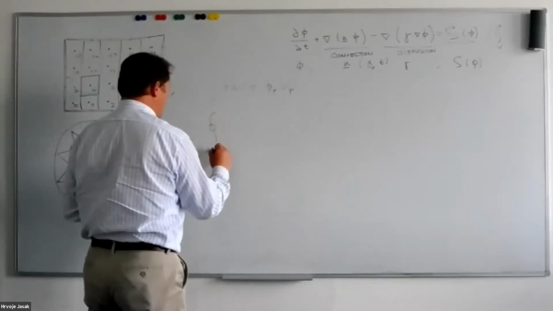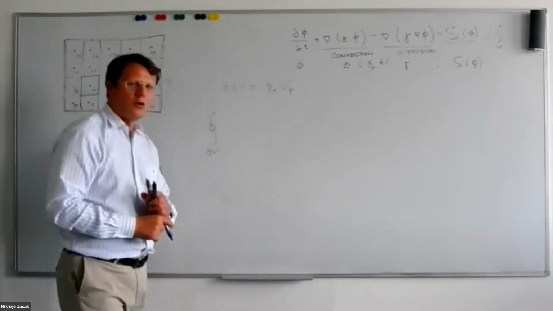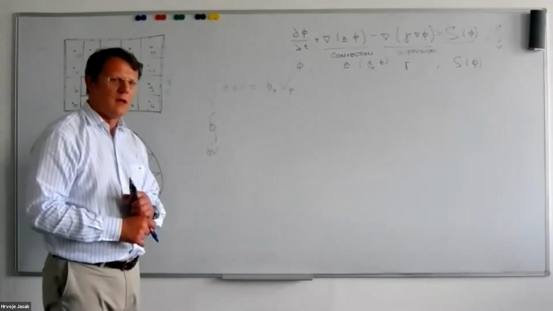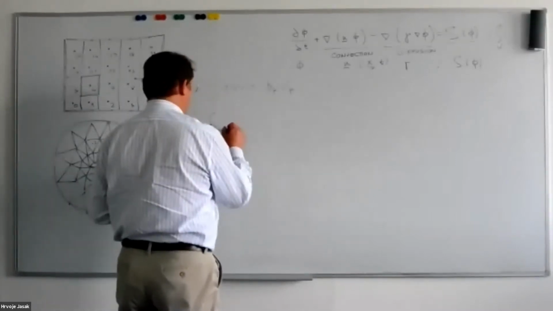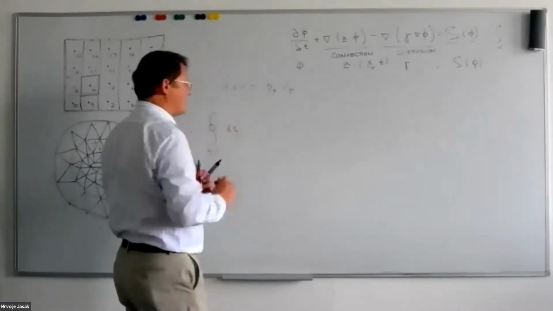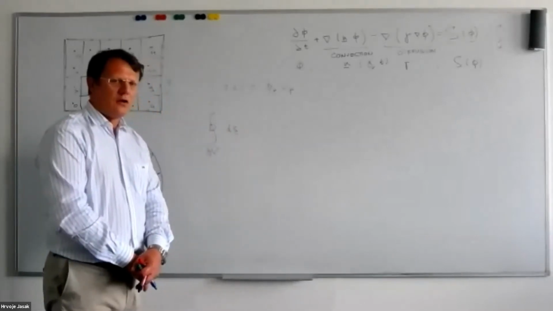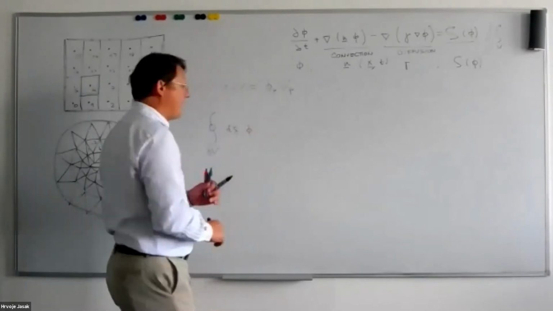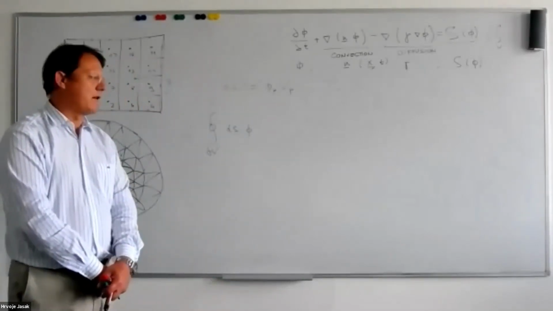The surface integral is evaluated on the circumference of my control volume, and I need to account for dS, which is my unit vector, multiplying the variable of phi. You can see several problems.